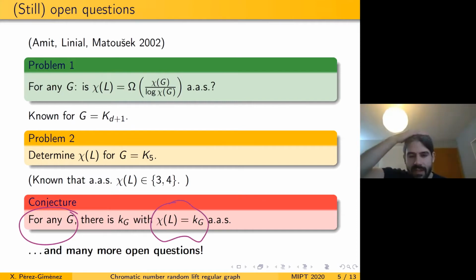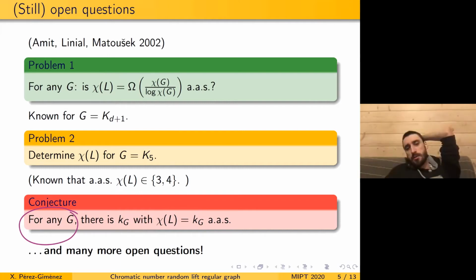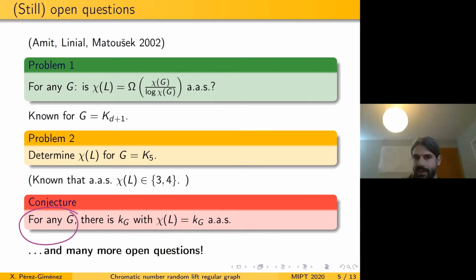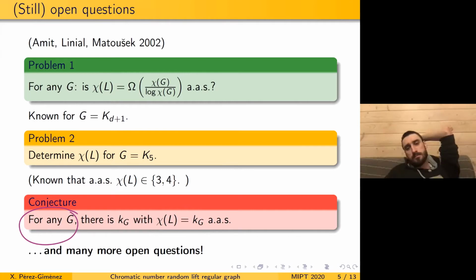So if you fix a graph G, there's a constant k sub g such that all but a vanishing fraction of random lifts have chromatic number k sub g. The conjecture is not only for regular graphs; it is for any graph G, and it's a wide open conjecture. I think it's very hard.